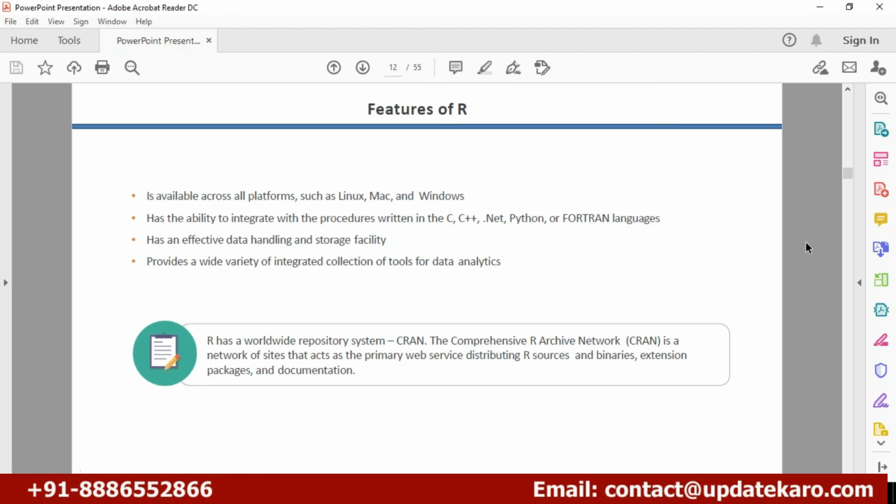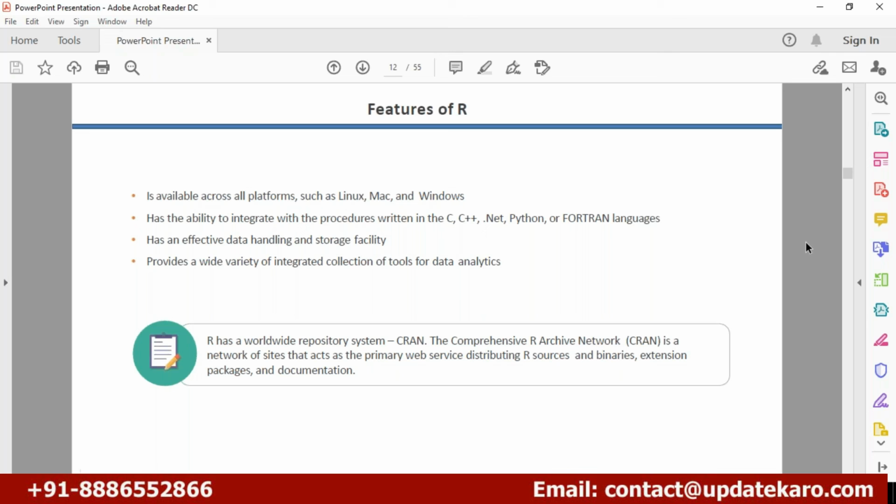That is also one of the biggest advantages of R. It has effective data handling and storage facility. So it can handle data efficiently, effectively, and store it in a very easy way. It provides a wide variety of integrated tools for data analytics.